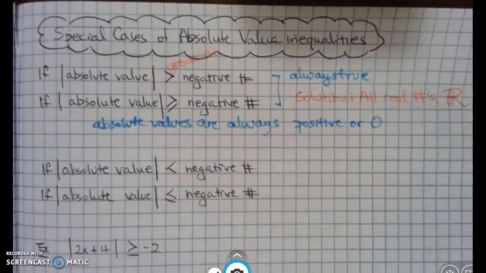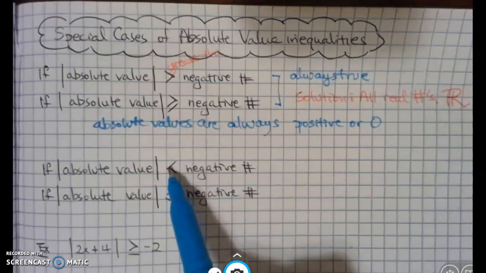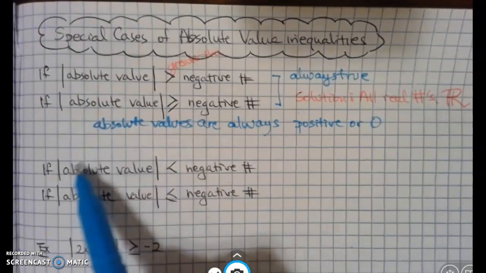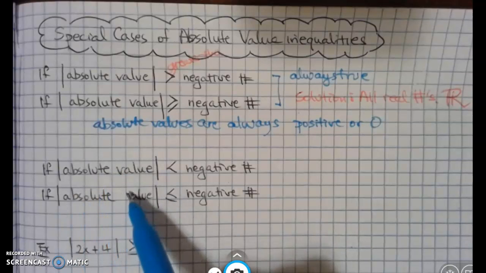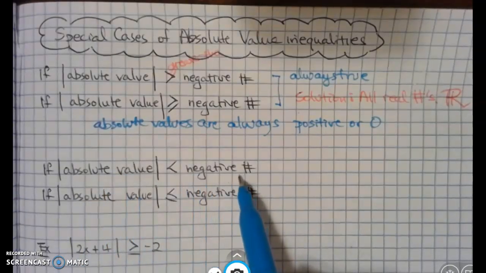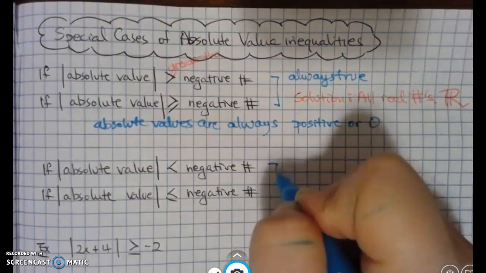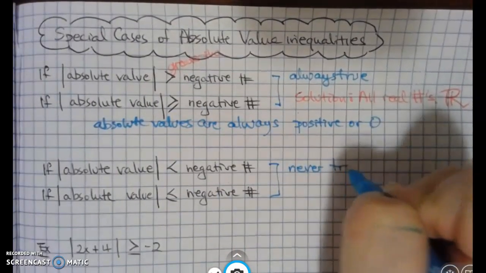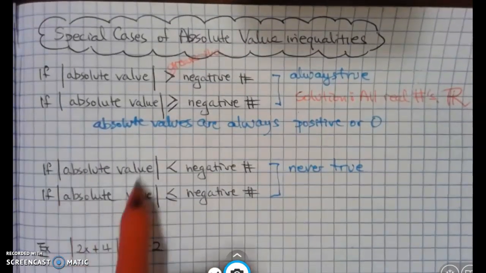Alright, then let's consider: can absolute value ever be less than a negative number? Remember, the absolute value is always going to give a positive number or 0. Can it ever be smaller than a negative number? No, it can never be that. So this is never true. It does not really matter what the value is here.